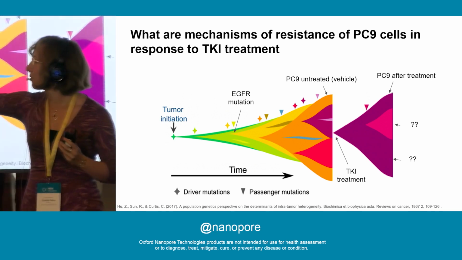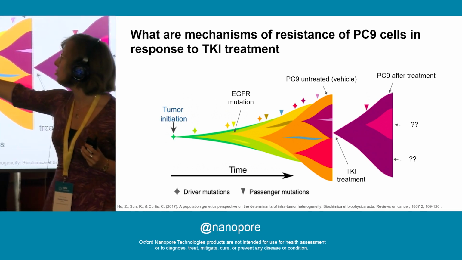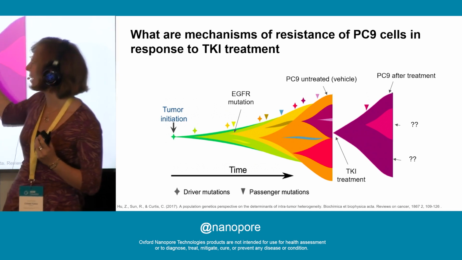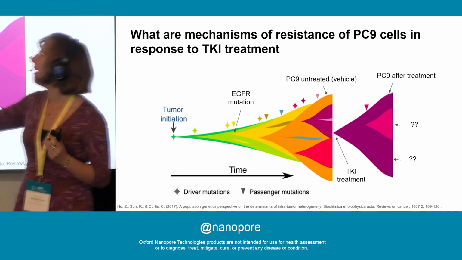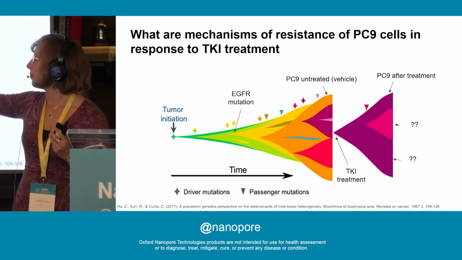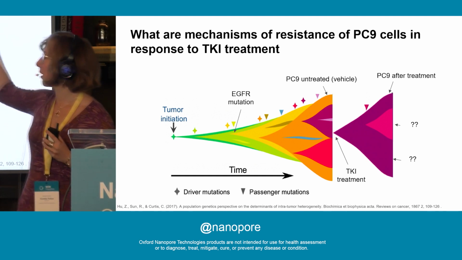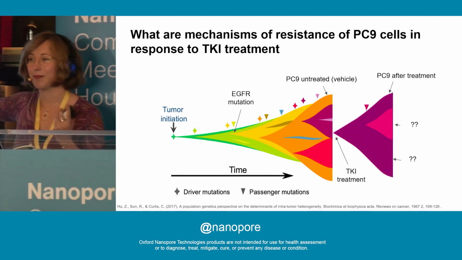So to expand on this diagram, we can see this is a model of a cancer. You start with a normal cell that begins to accumulate mutations until you have a heterogeneous population. And then after a treatment, you end up enriching for specific mutations.